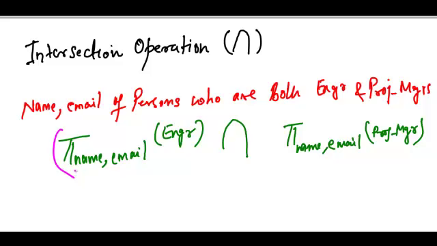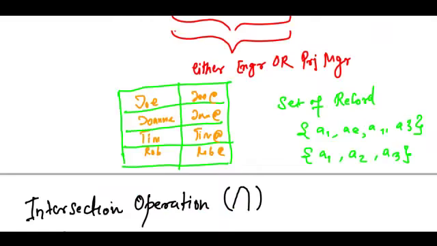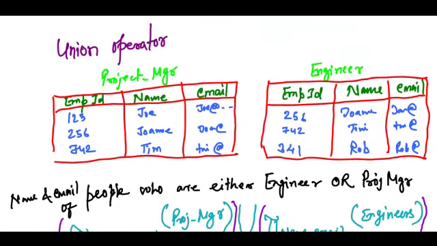So we will take intersection between these two relations, R1 and R2. So what would we get as a result? We have Joanne, which is common in both the relations, right?